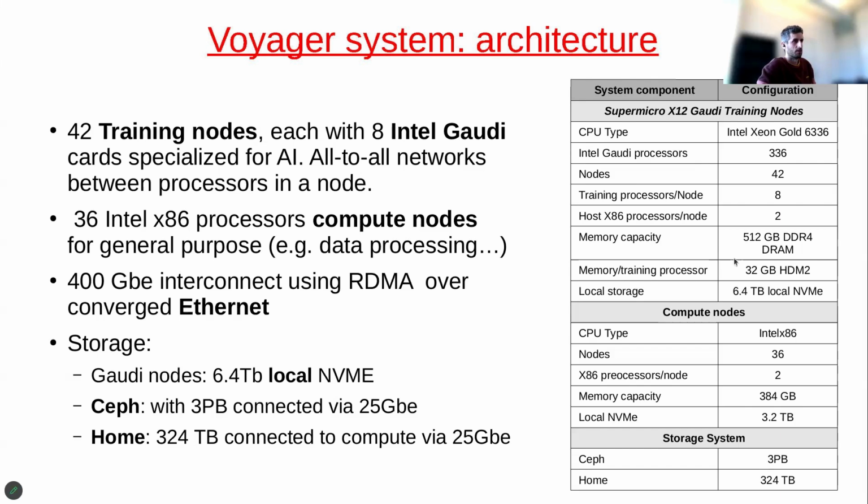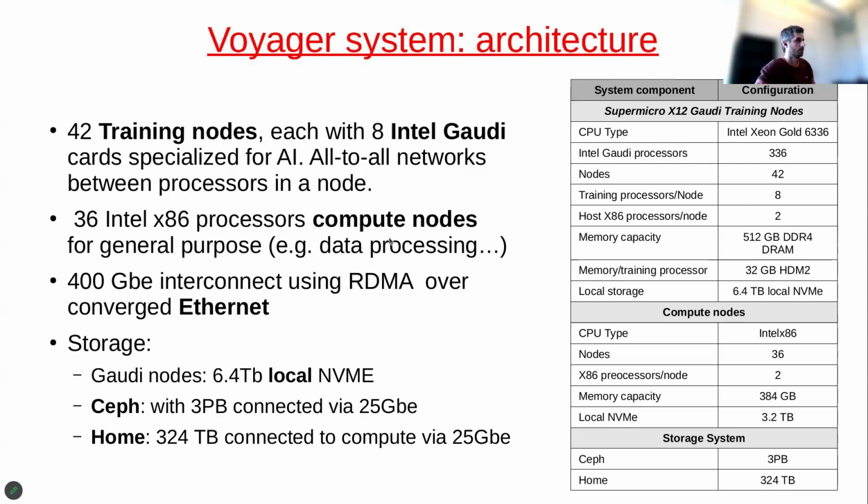And on the right in this table, you can see that the memory of these accelerators is 32 gigabytes. And then we have a local storage, that's the scratch. It's 6.4 terabytes, and this is NVMe, so it's very fast. You can use this for scratch.